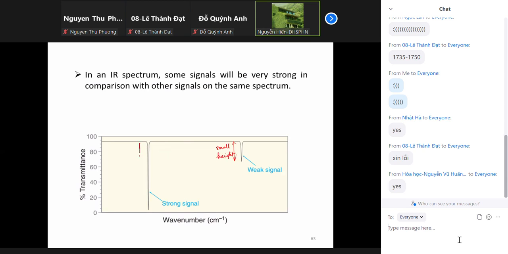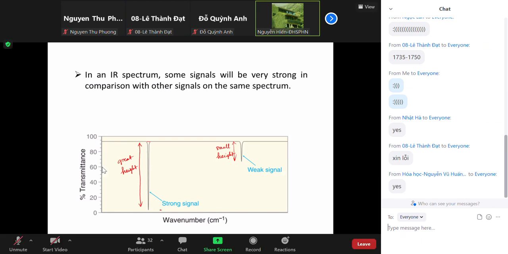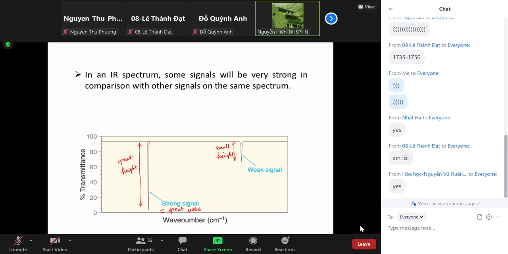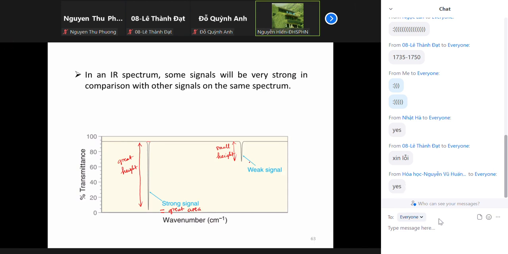On the other hand, this one on the left has a great height. So you can guess that the triangle on the left will have a greater area. So strong signal means great area. And this one, because it has a small height, will have a small area.